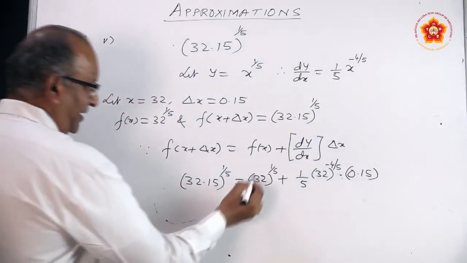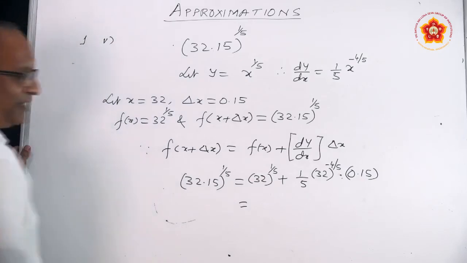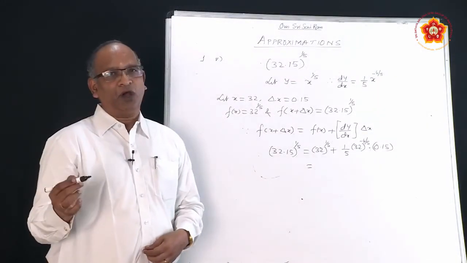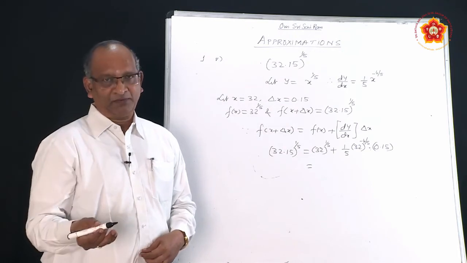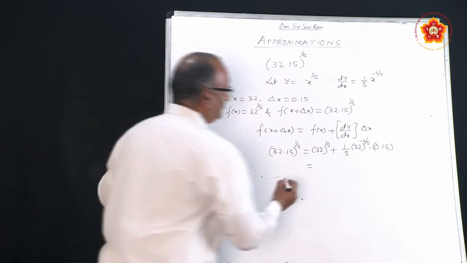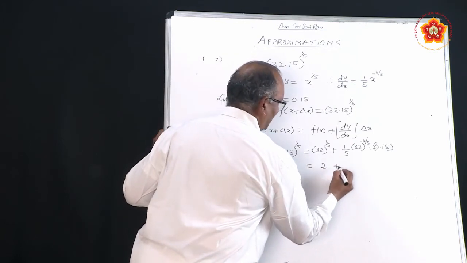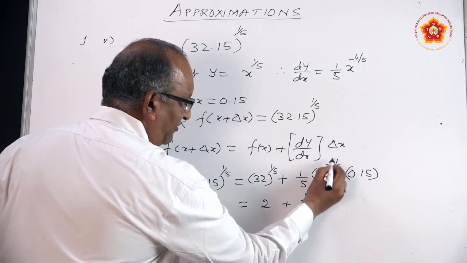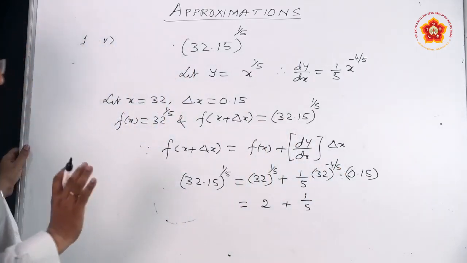Simplify it. 32 can be written as 2 into 2 into 2 into 2 into 2, or 2 to the power 5. 2 to the power 5 to the power 1 by 5 will give you the answer 2. Same, 32 to the power 1 by 5. Forget about minus 4 for some time.